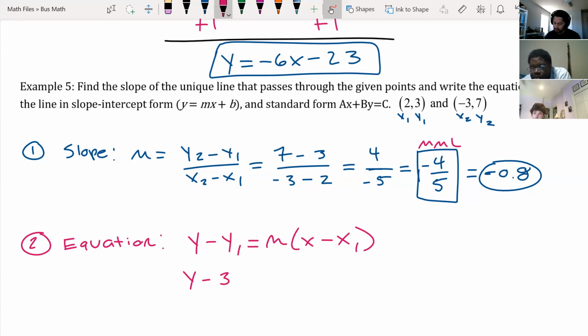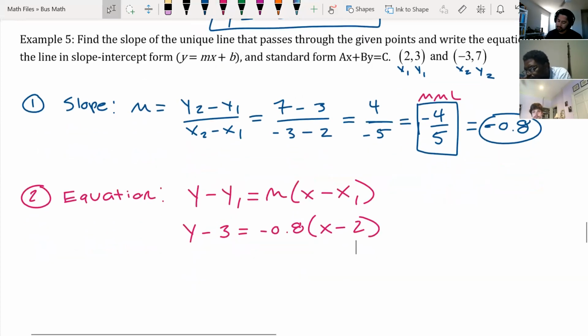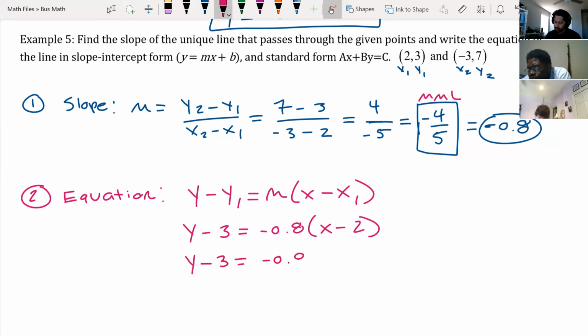So y minus 3 equal to negative 0.8 times x minus 2, which is my x1. Okay. And then let's go ahead and distribute that negative 0.8. So I'll get y minus 3 equal to negative 0.8x plus, and negative 0.8 times negative 2.